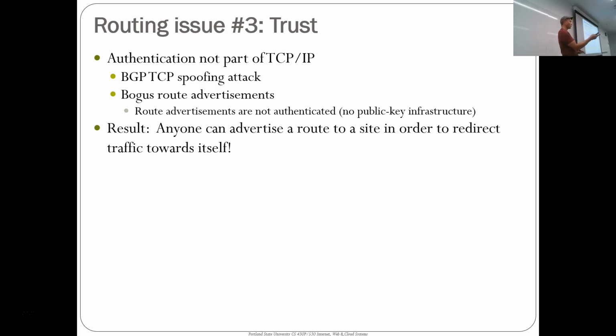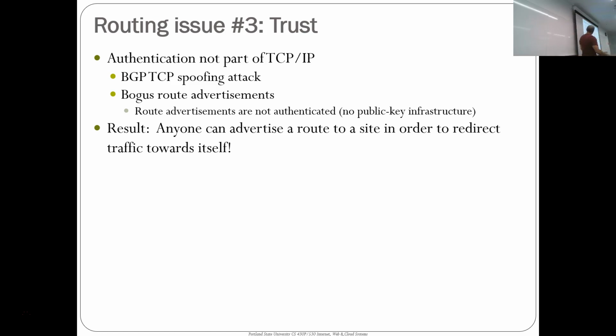So we talked about spoofing attacks already. BGP has a TCP spoofing attack that allows someone remotely to reset a router-to-router connection by guessing sequence numbers and guessing sources and destinations. You can cause a lot of disruption by sending packets to reset routing connections on the internet, and people have done that. And so it has an issue with spoofing attack.